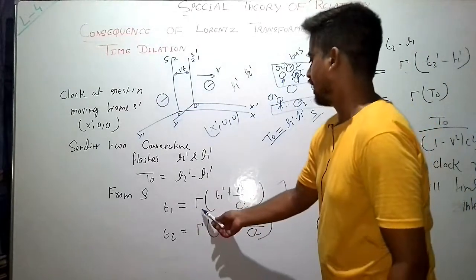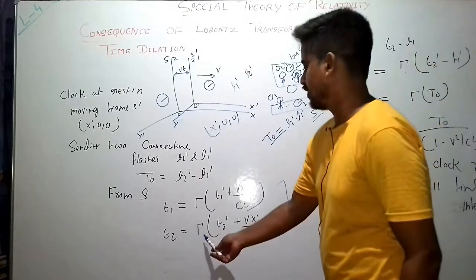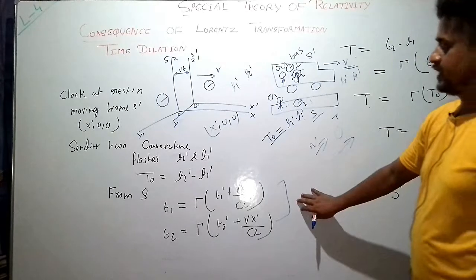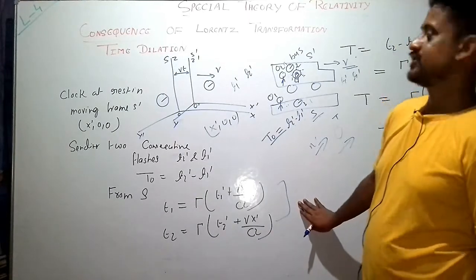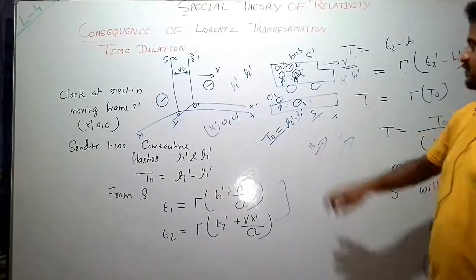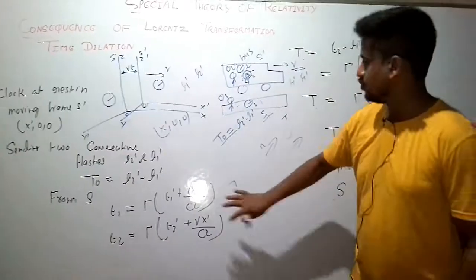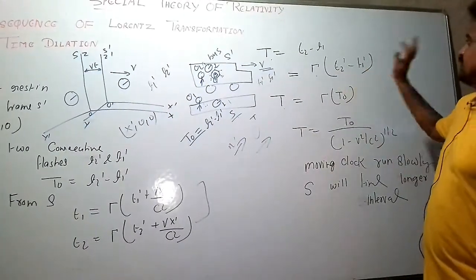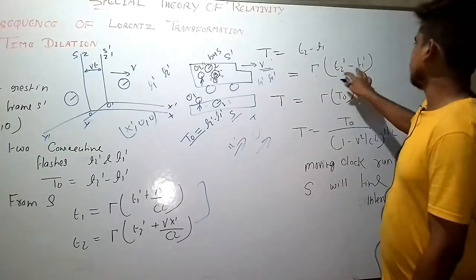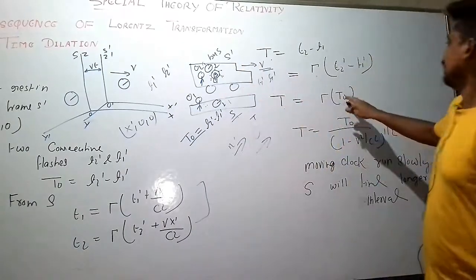So t1 is equal to gamma times t1 dash plus vx dash divided by c square, and t2 is equal to gamma times t2 dash plus vx dash divided by c square. This is according to the Lorentz transformation. Now the time interval from the S perspective will be T equal to t2 minus t1, and subtracting these two, we get gamma times t2 dash minus t1 dash. Remember, t2 dash minus t1 dash is the time interval for the observer in the bus, which is T0.